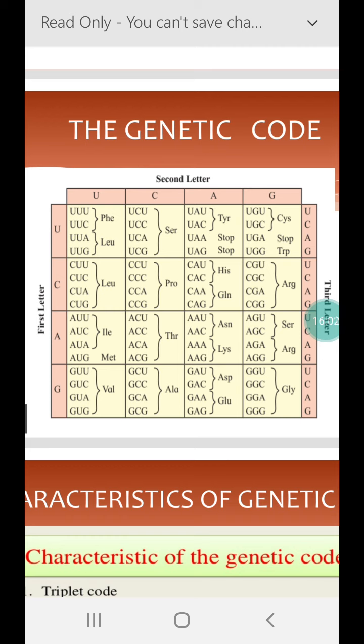Again, if you see in the next, there are 4 codons for leucine, 4 codons for proline, then next 2 codons for histidine, and then 4 for arginine.